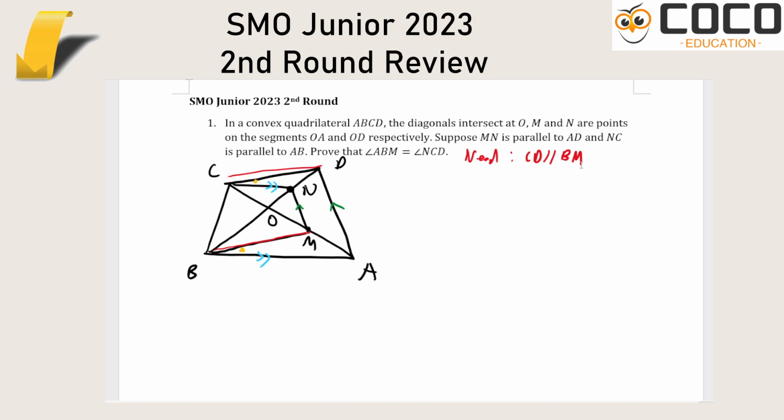How do I show that? Now, in order to show that CD and BM are parallel, if you just tried doing a little bit of angle chasing using the two pairs of parallel lines, you realize that we don't quite get that because the only reasonable things we could try would, let's say, be looking at alternate angles, like hopefully these two are equal, but it is not that easy to actually show that.